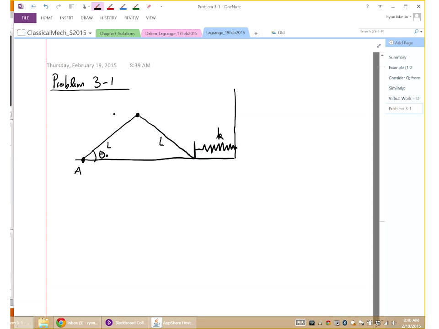Let me label the points A, B, and C. The point at C can slide back and forth along the x-axis. So let me introduce an origin here.